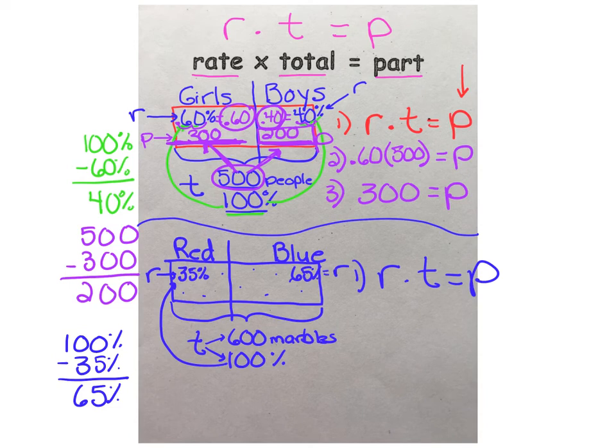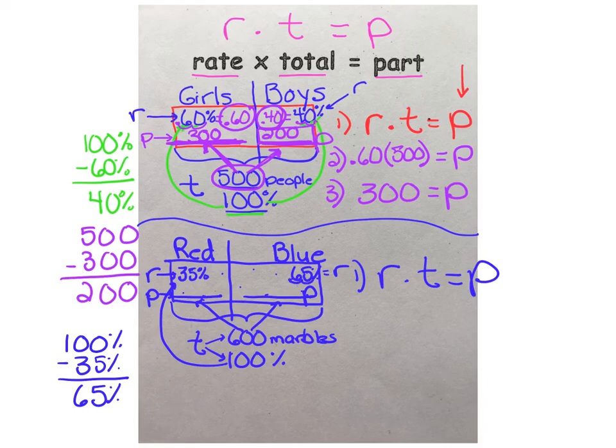Now, we need to find out of those 600 marbles, what part is red and what part of the group is blue. This time, let's go with this section of the bar. Let's figure out how many are blue.